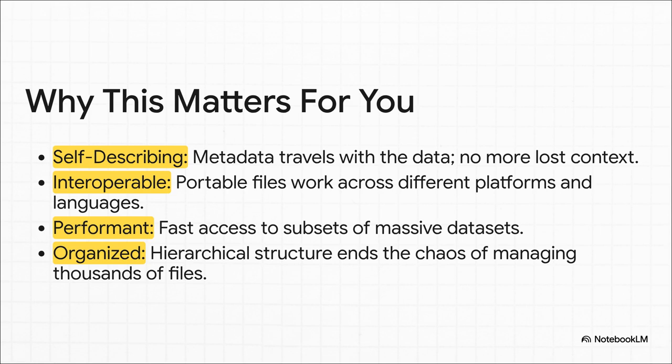A file you write in Python can be opened in C or MATLAB, no problem. Thanks to that awesome chunking we talked about, you get incredible performance. You can slice into massive data sets almost instantly. And of course, that whole hierarchical structure gives you real organization. You can literally replace a folder with thousands of messy text files with one single, clean, efficient HDF5 file. It basically solves every single one of those pain points we talked about at the beginning.